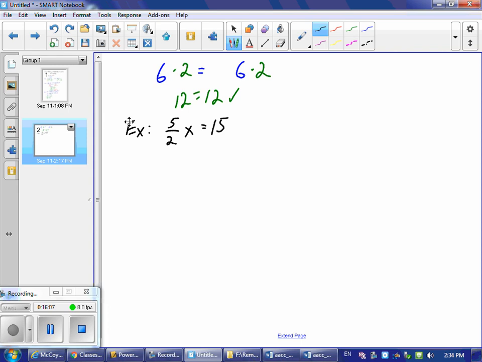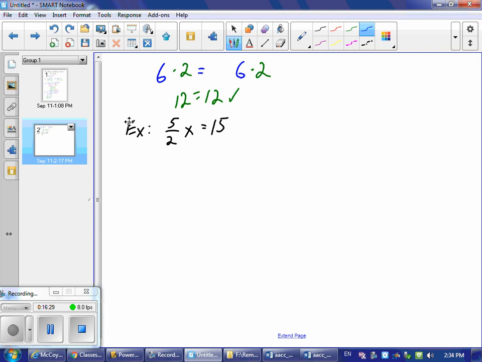So what I need to do is get x all by itself. In order to get x all by itself, I need the coefficient of x to be 1. Well, the only way to multiply something fractional by something to get 1, hopefully you remember, is to multiply by its multiplicative inverse, or more commonly called the reciprocal.